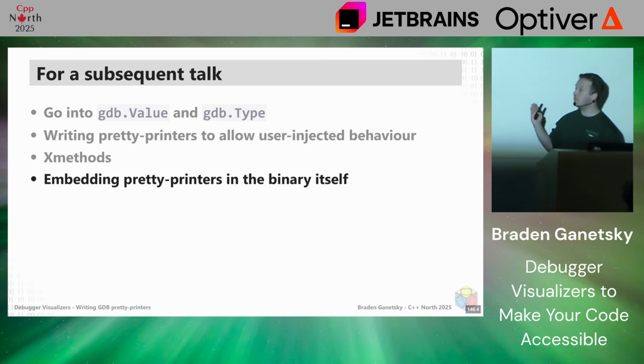And I want to talk about embedding pretty printers in the binary. This is what was done in Boost Unordered: if you have included Boost Unordered Map, and if you haven't touched anything else, and if you're compiling for Linux to an ELF, the pretty printer is in your binary. You don't even have to know anything about where the pretty printer is in the library.